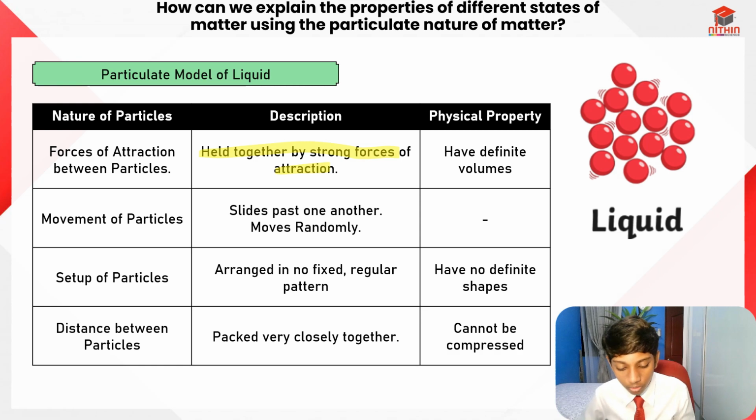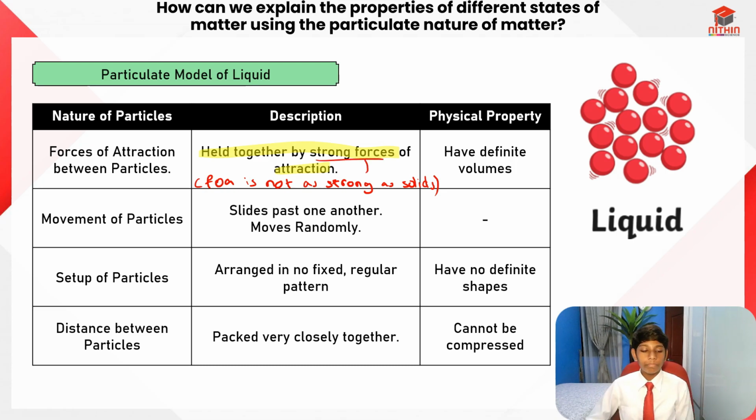The force of attraction is not as strong as in solids. This is something that you need to take note of. And since they are held together by strong forces of attraction, this means that they have definite volumes.